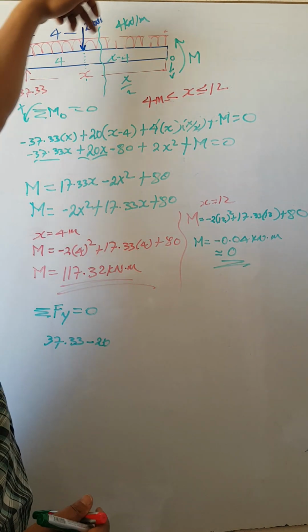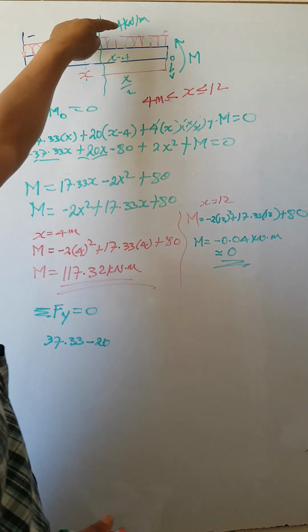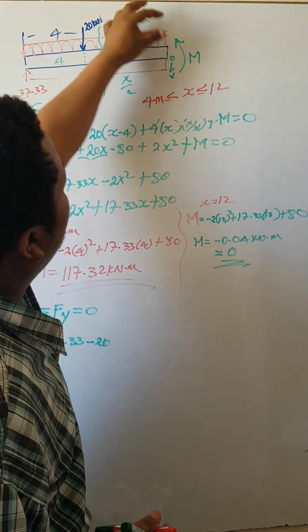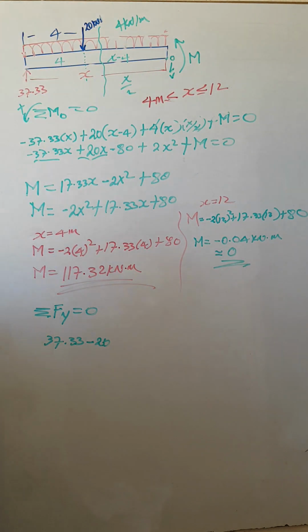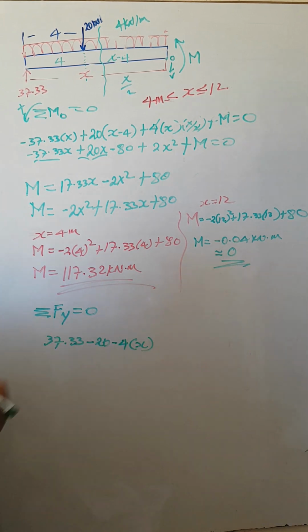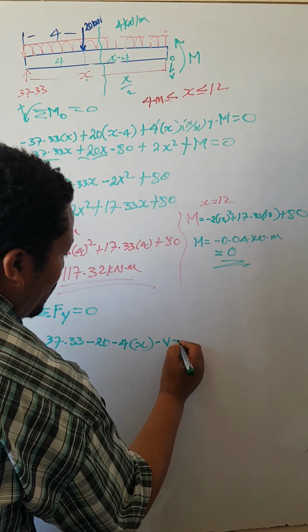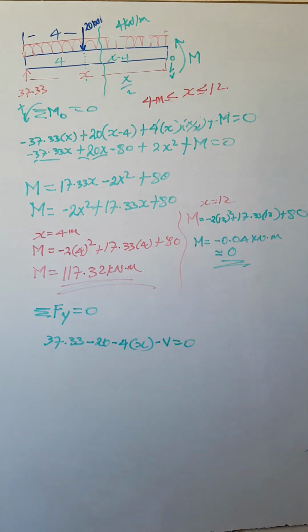Here we also have a uniformly distributed load of 4 kN per meter, so the height times the distance x, minus 4 times x, is a downward force, because here we have a downward acting shear force. This is equal to 0.